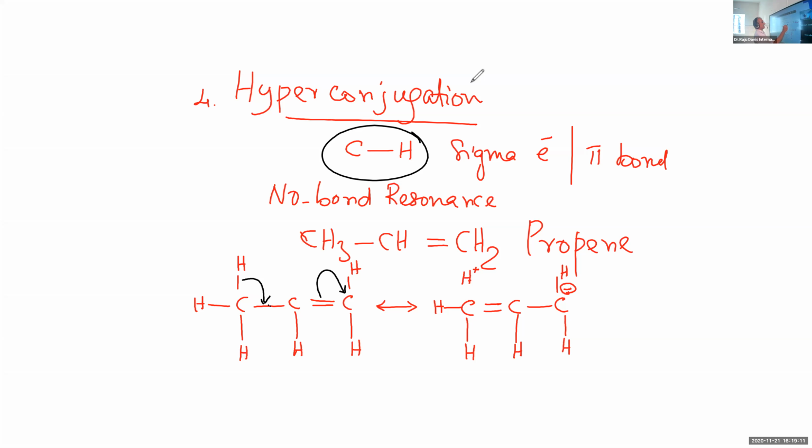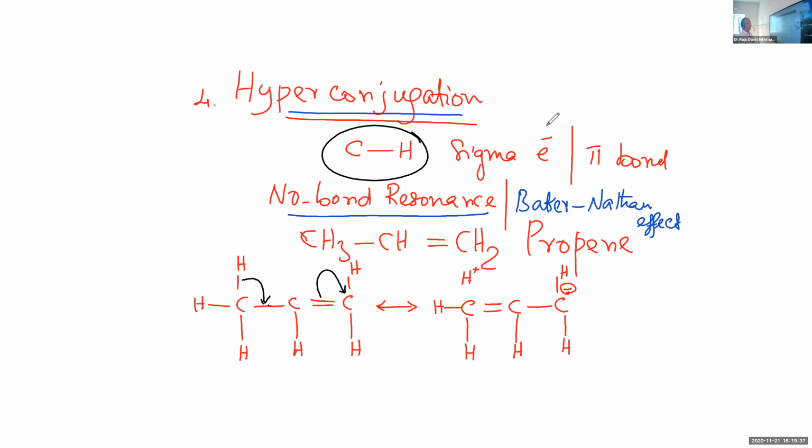This was studied well by Baker and Nathan, and it is called the Baker-Nathan effect. So hyperconjugation is also known as no bond resonance or Baker-Nathan effect.